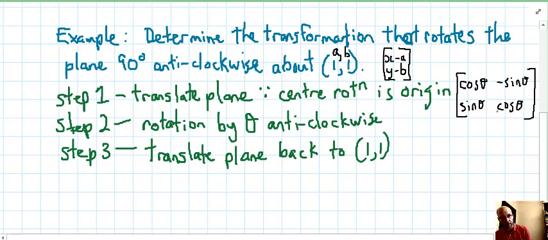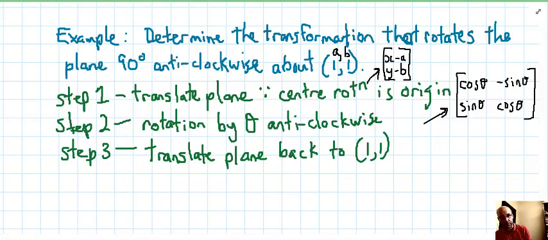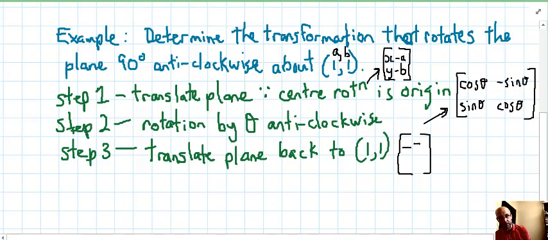That's rotating the plane by theta degrees anti-clockwise. Sorry, my matrices are a little bit out of line there. Apologies there. Okay, that's from our previous work, and that is on your formula sheet, your QCAA formula sheet. And the result then has A and B added to return it back to 1, 1.